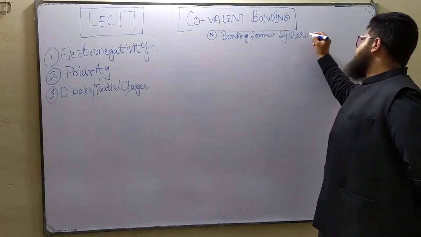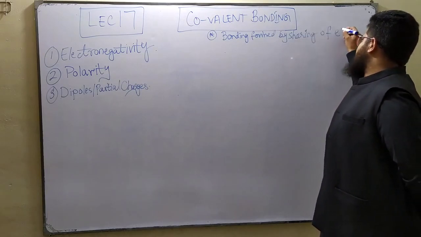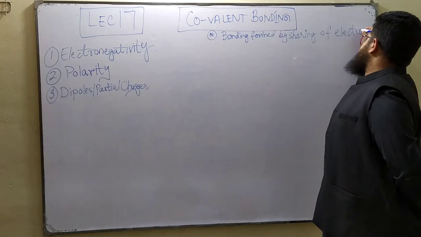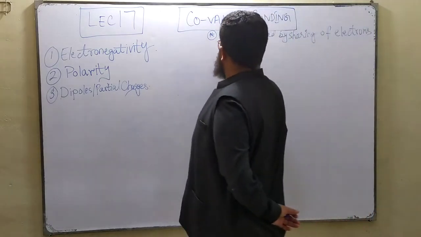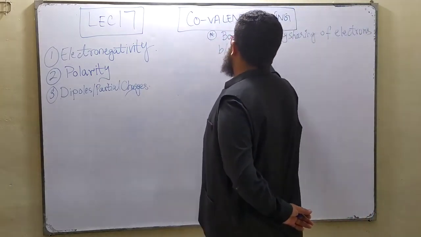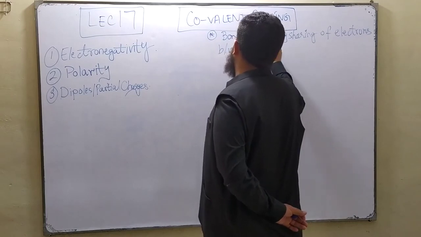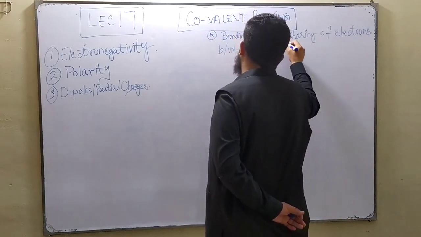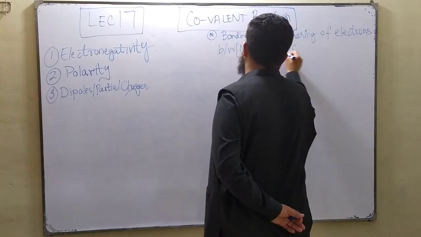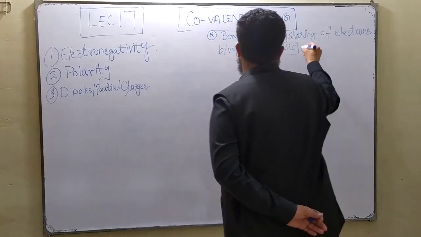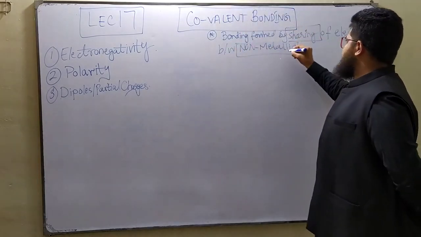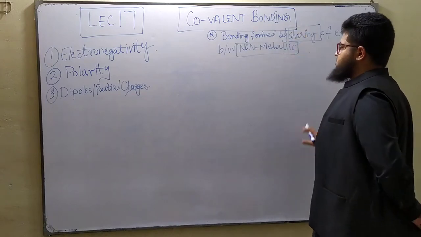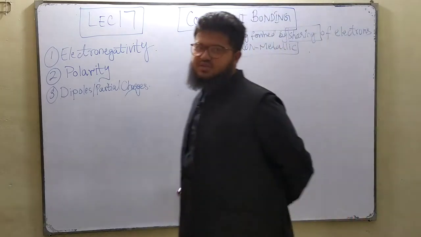It's sharing. Between non-metallic elements. This is a key term, non-metallic elements. It is not formed between metallic elements, it's formed only between non-metallic elements. And in case of covalent bonding we have to share electrons. And the basic concept of O levels applies.